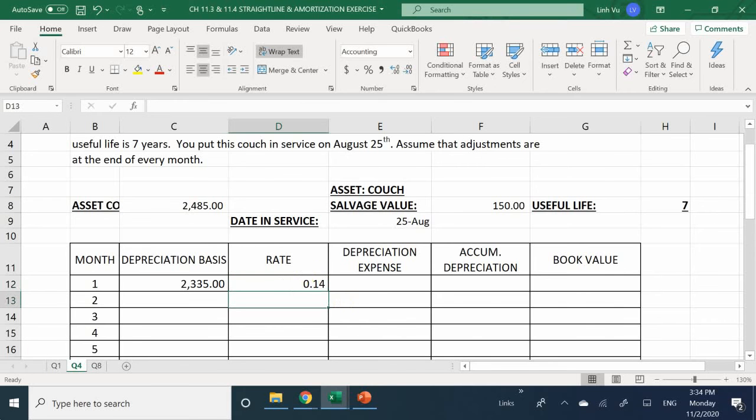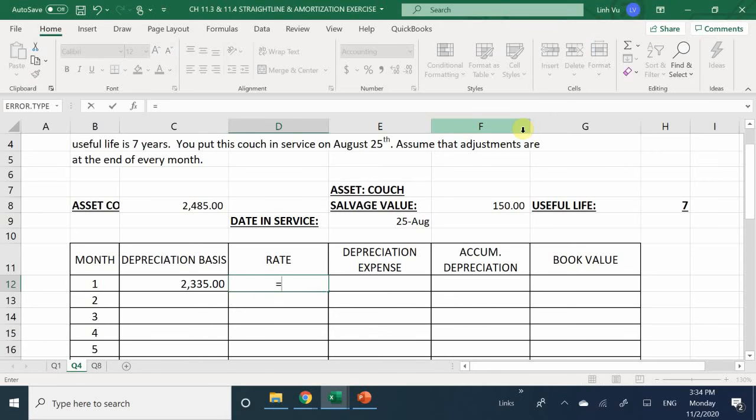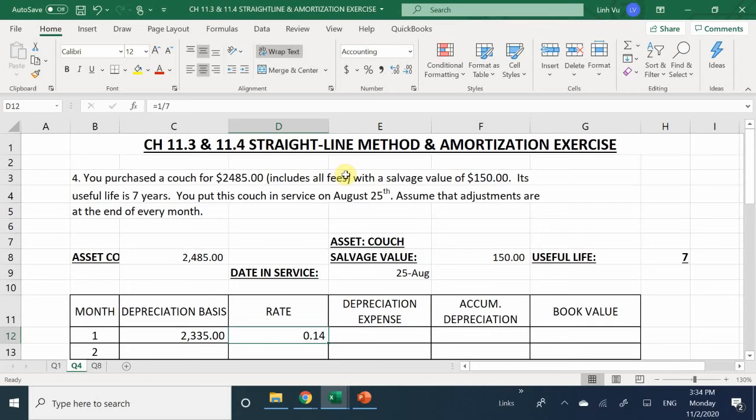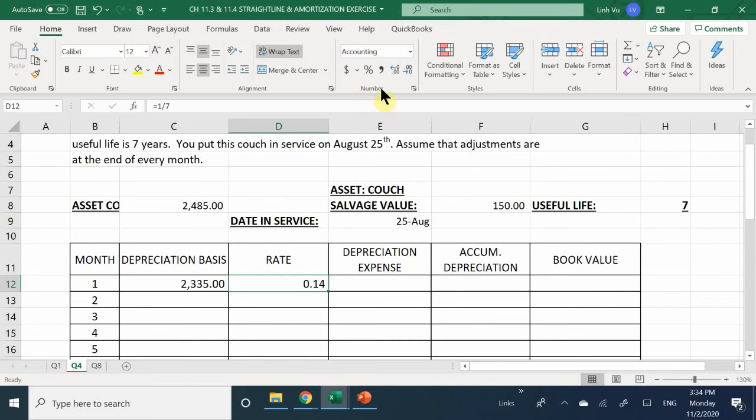No. What is 1 divided by 7? 0.14285714. Yes. I'm just going to go ahead and round it to 4 decimal places. Okay. So let me display 4.